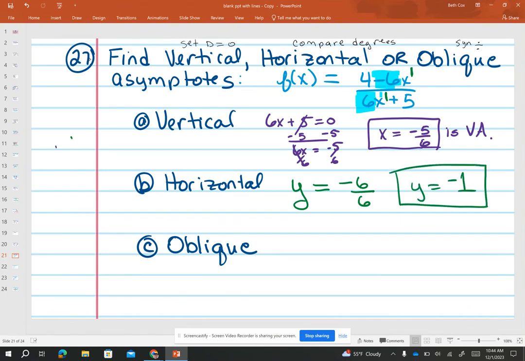That's the horizontal. Now, you can't have both horizontal and an oblique. So no oblique. You can't have both. It's either or for the horizontal or oblique.